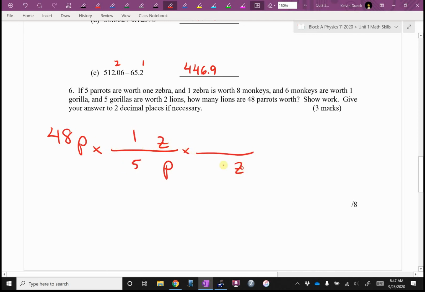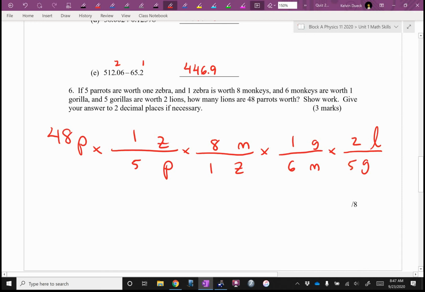And then I can get zebras to cancel, and they can become monkeys. 1 zebra is 8 monkeys. And then I can get monkeys to cancel, and become gorillas. One gorilla is 6 monkeys, and then I can get gorillas to cancel and lions to show up, and apparently 2 lions or 5 gorillas.